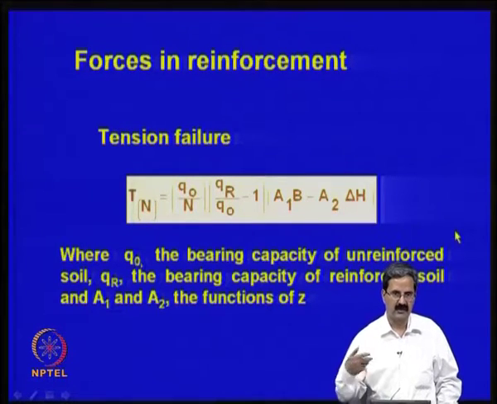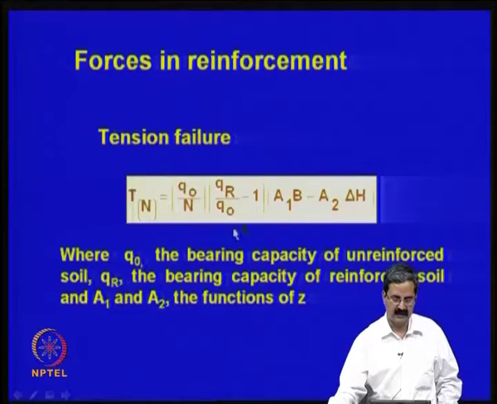It is actually a theoretically derived expression, because it involves essentially elastic stress distribution. By using A1, A2, which are constants, one can get them from these plots, and N is the number of layers, QR is the required bearing capacity, Q naught is the original bearing capacity, B is the width of the foundation, and delta H is the spacing of the reinforcement elements.